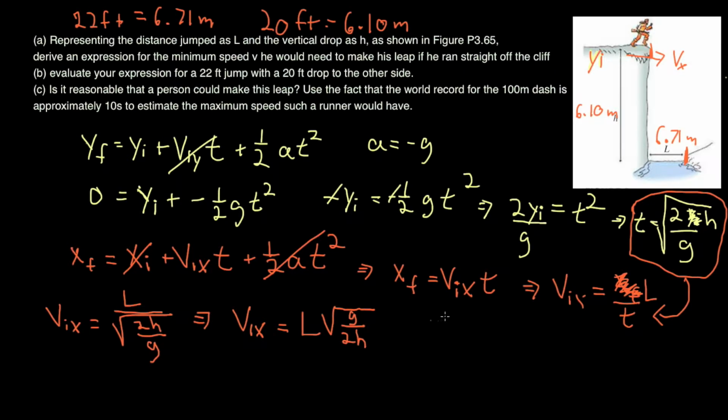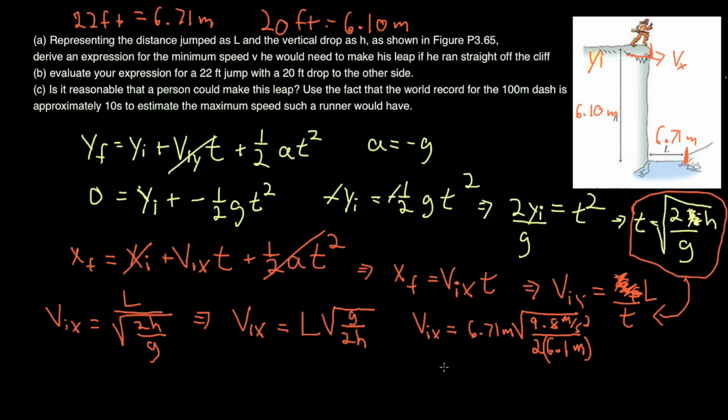Okay, so let's just plug in right now and see what we get. So v_ix is equal to L, which is 6.71 meters, times the square root of g, which is 9.8 meters per second squared, over 2h, which is 2 times 6.1 meters.